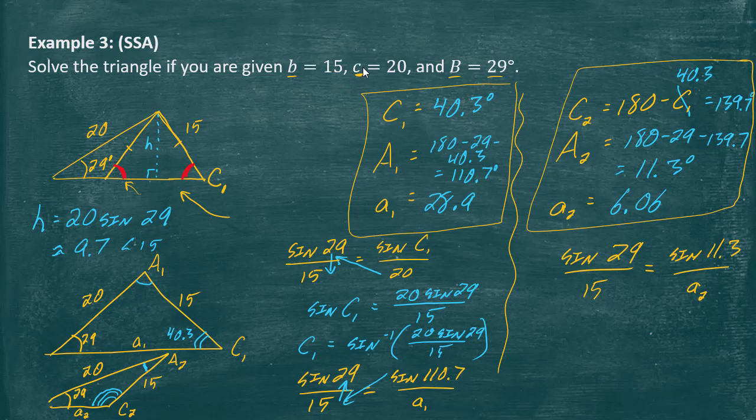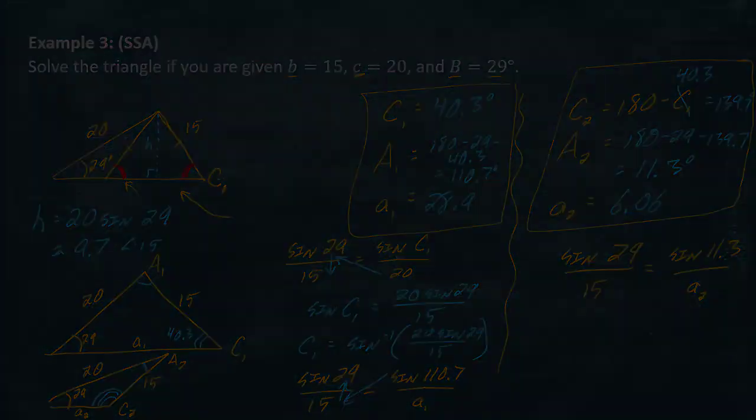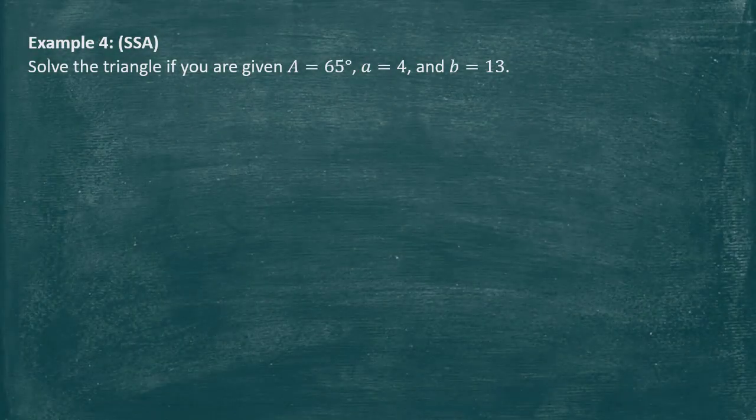You're always going to solve for whatever the different letter's angle happens to be. So in this case, notice we're provided the side c, so we were forced to solve for angle C first, and then that was our key for our 2 solutions moving forward. All right, let's go ahead and try out a second example of this side-side-angle situation.